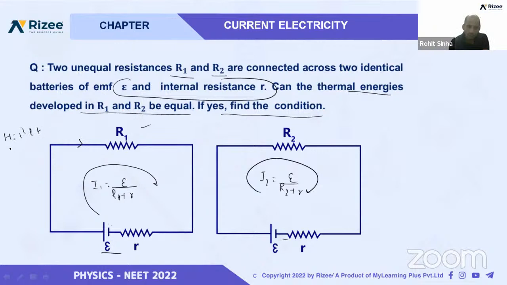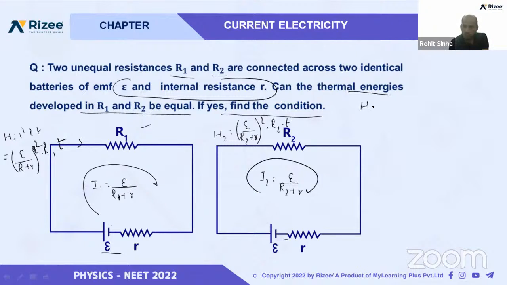I square RT means E by R1 plus r, whole square, into R1 into T. In the second case, heat will be E by R2 plus r, whole square, into R2 into T.